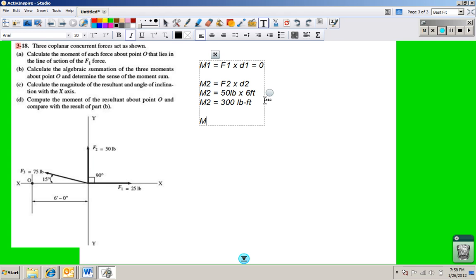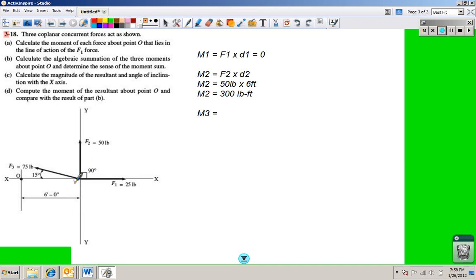M3. Now, M3 is a little trickier. Let's look at it. F3 is broken down into two components. So if I trace them back and turn it into Fy and Fx for this one, what do you notice about F3x?